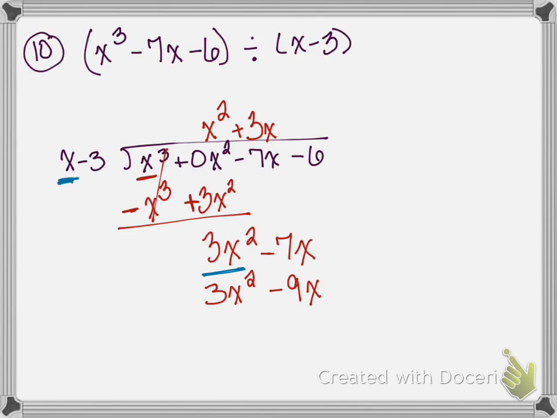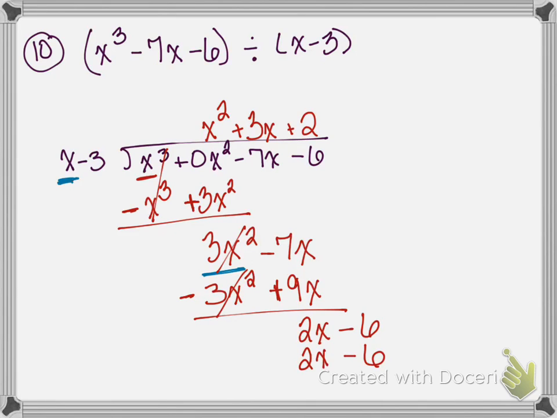I have to subtract, so I change the signs. Minus 3x squared plus 9x. So I'm left with 2x, and I bring my negative 6 down. X times 2 gives me 2x. 2 times negative 3 is negative 6. 2 times x is 2x. I am subtracting, and I'm left with 0.